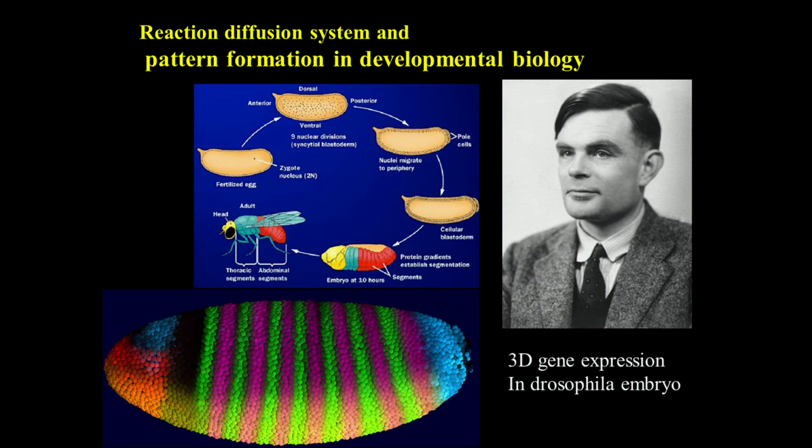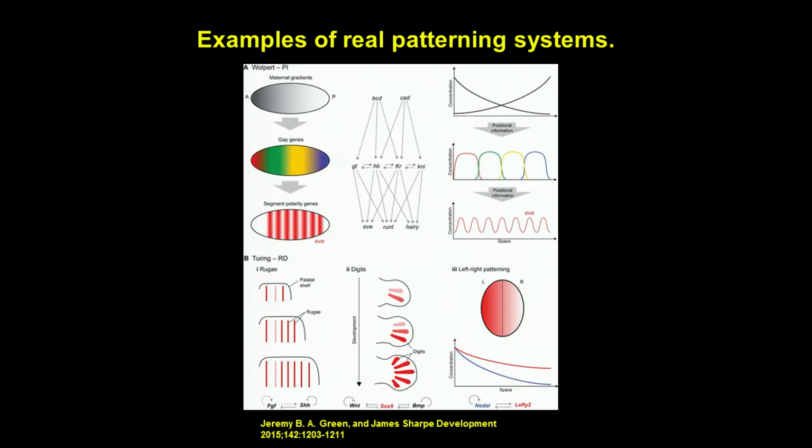So, this reaction diffusion system with a reaction, if there is a controlled diffusion, means one part can go diffused but other is not, which is always happening in the cell, some metabolites can go, some protein cannot go, then it can form a pattern, and he thought that in the developmental biology like in the fly, those patterns are coming from this reaction diffusion system, and later, a lot later, like last 10 years, possibly people can prove using the reaction diffusion theory that this kind of pattern is coming from this reaction diffusion theory.